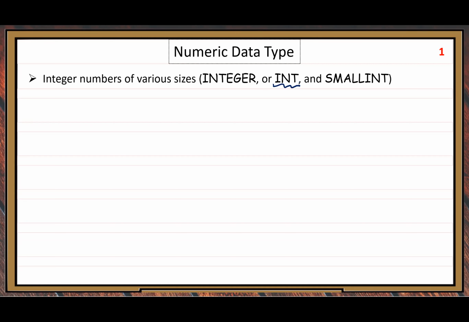When you declare an integer data type, you need to specify the data size. So after int, we can add a pair of parentheses and put the number of digits for the integer there. Pretty simple.